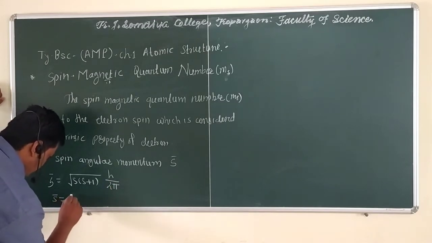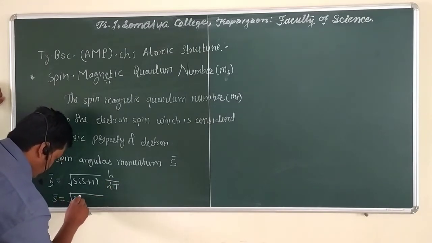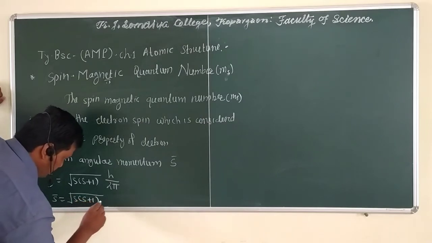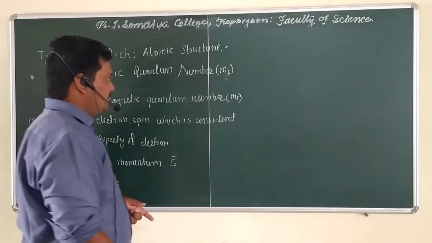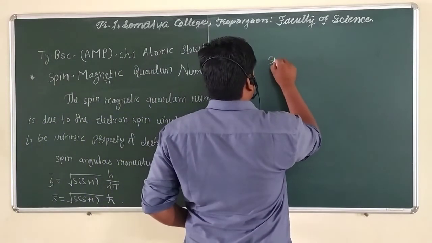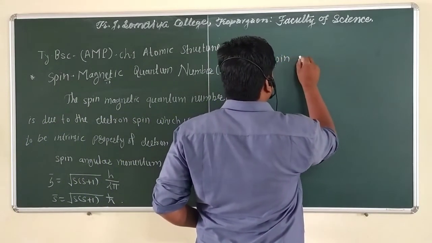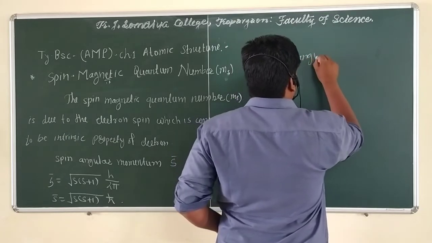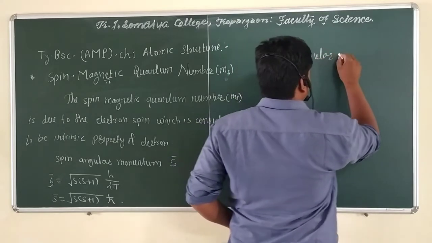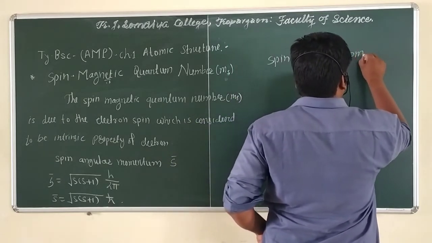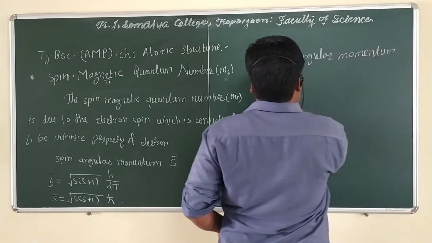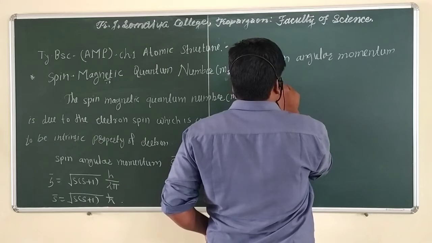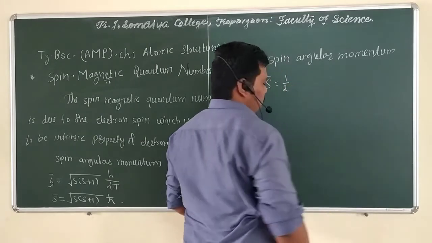So S bar is equal to under root of s into s plus 1 h cross. Okay, and that spin angular momentum gives the value that s is equal to half.